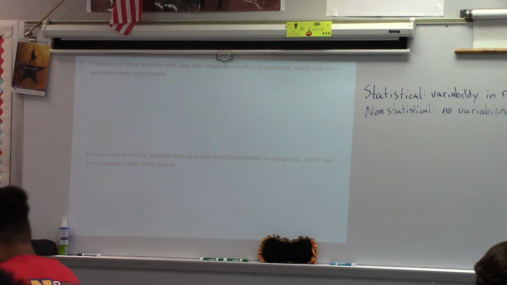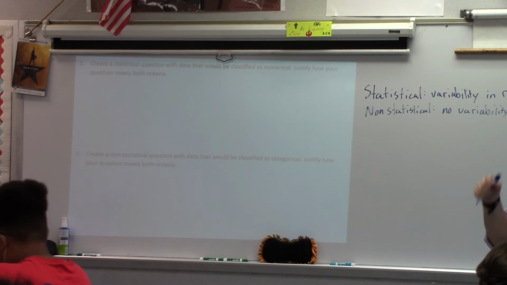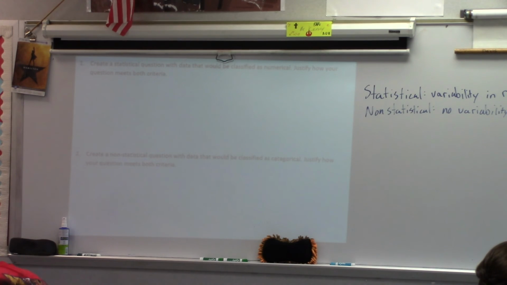True. Okay, but what if I were to ask, what is the average age of buildings in the Tuscaloosa County school system? Statistical. Would each building have a different age? Yes, right? So there is variability in those responses. Notice if there's only one possible response, it's non-statistical.